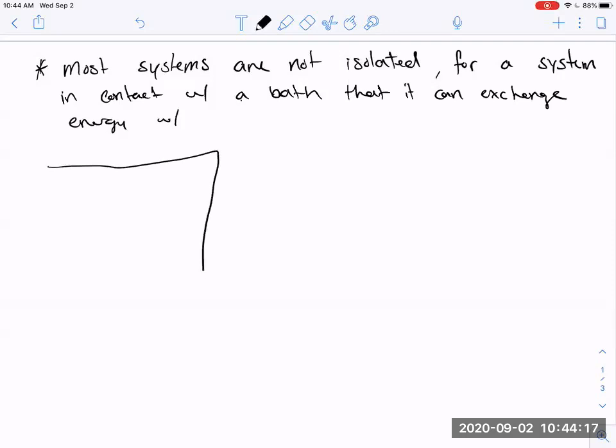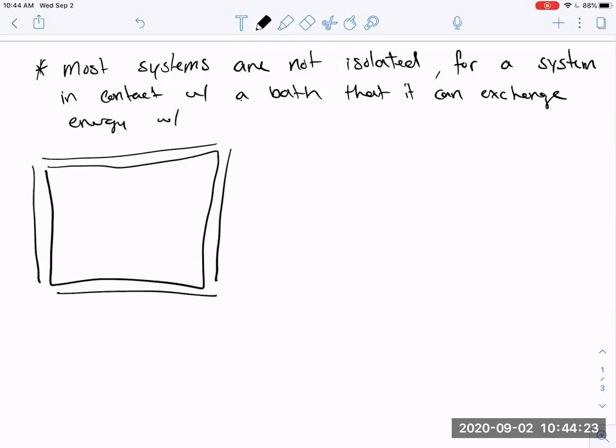So we constructed this setup from our isolated system, our rigid, impermeable, and insulated box. Within which, because everything inside that box is isolated, we know the likelihood of observing any configuration of the total state of that box.